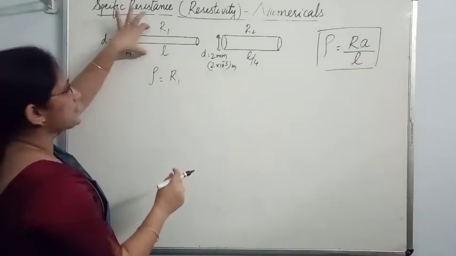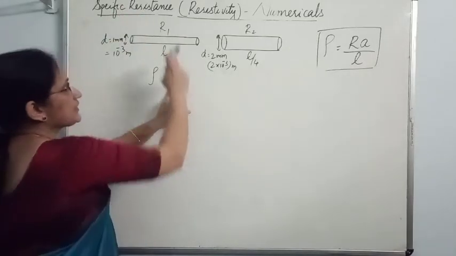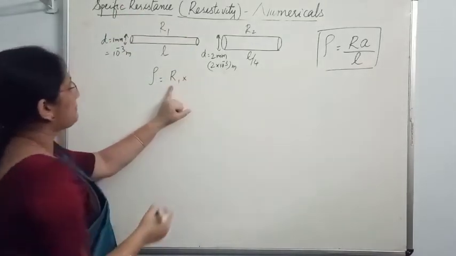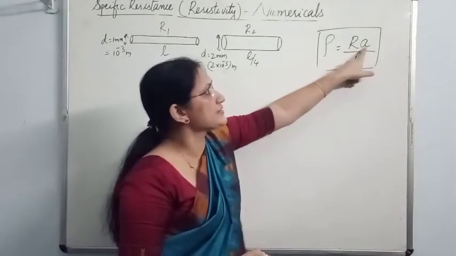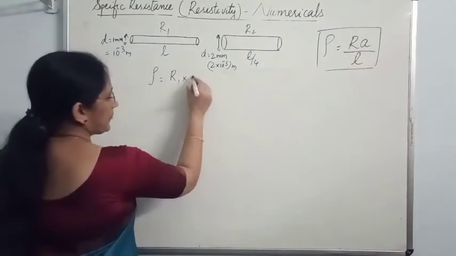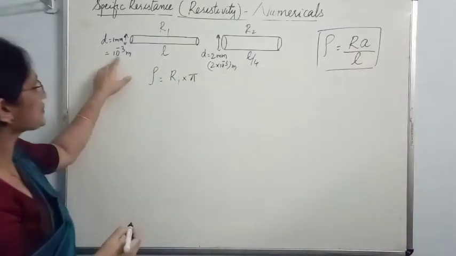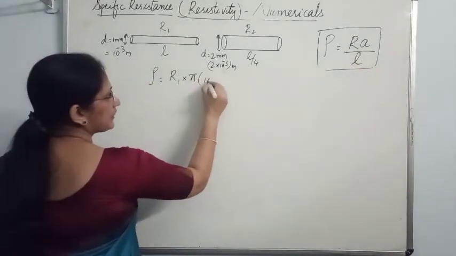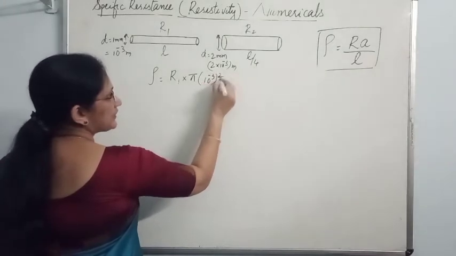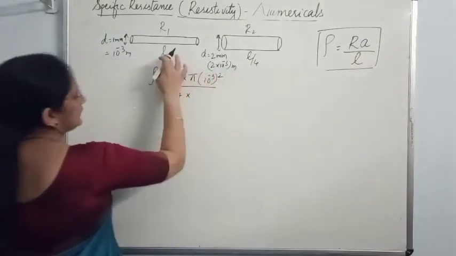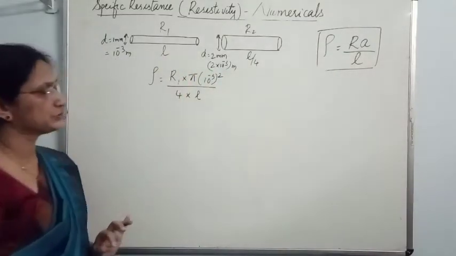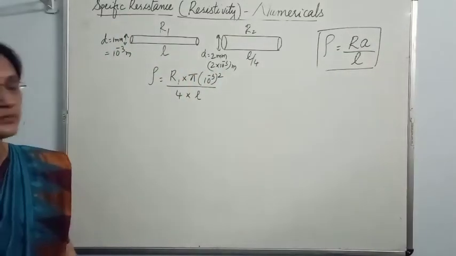So rho of this first wire is R1 into pi d square by 4, that is area of cross section. A is pi d square by 4. Pi into d square means 10 to the power minus 3 square, by 4 into L, unknown. So this is specific resistance of first piece.